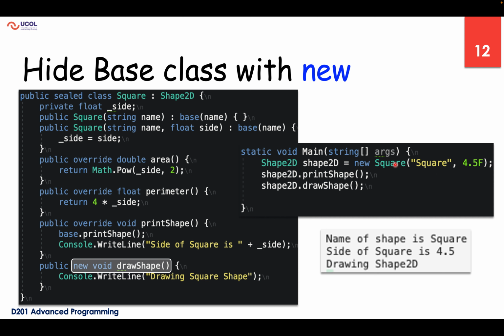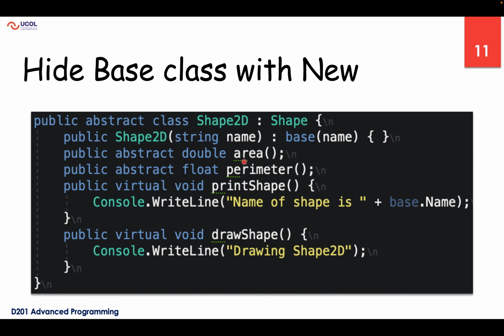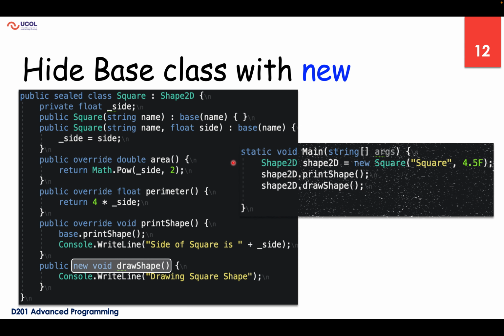So we have certain limitations with the shape 2D class. Maybe in the square we have more methods, but the draw shape method, print shape method, perimeter method and area method are present in the base class. The underscore side is not present there, so we cannot access that particular underscore side using the reference variable of the base class.